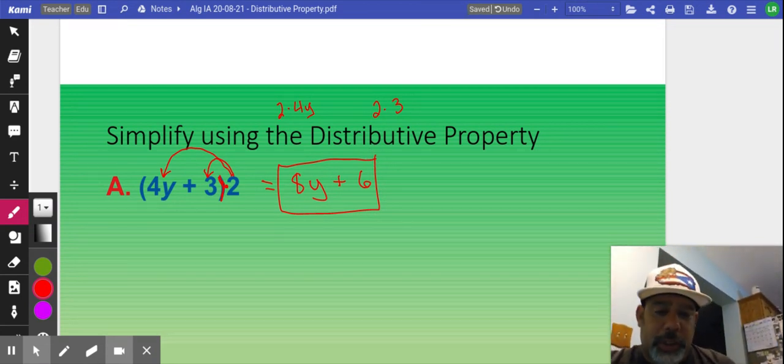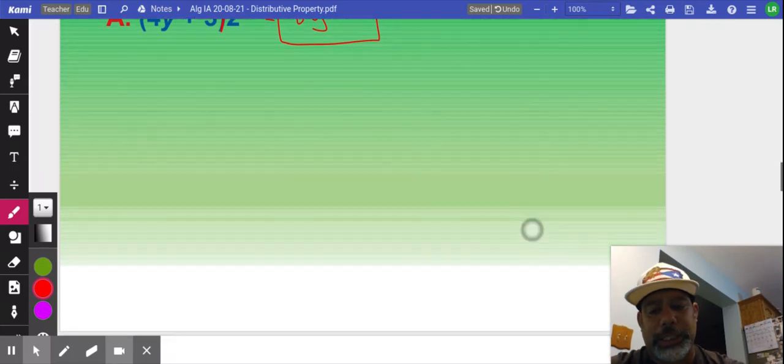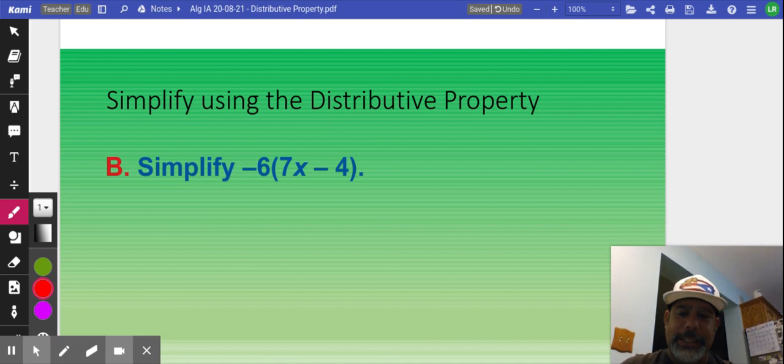What I want to make sure we see with these next couple is that there are some trickier ones when it comes to using negatives. That's when I see the most mistakes. So this one, we have negative 6, parentheses, 7x minus 4, close the parentheses.